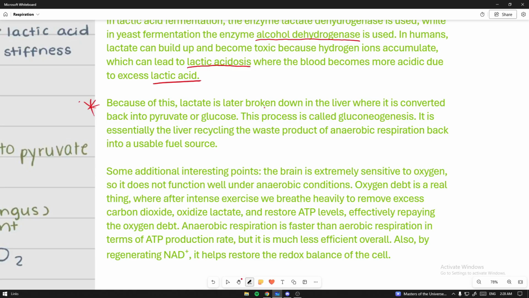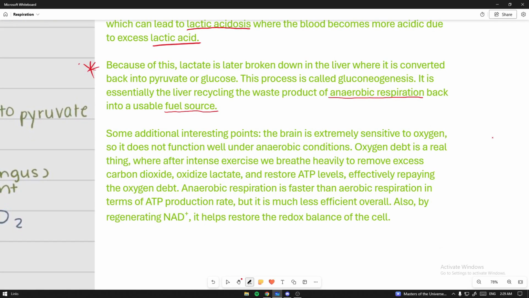It is essentially the liver recycling the waste product of anaerobic respiration back to a usable fuel source. So lactate goes back to your liver. The liver breaks it down to pyruvate and glucose, so that it can be reused for, let's say, aerobic respiration again.